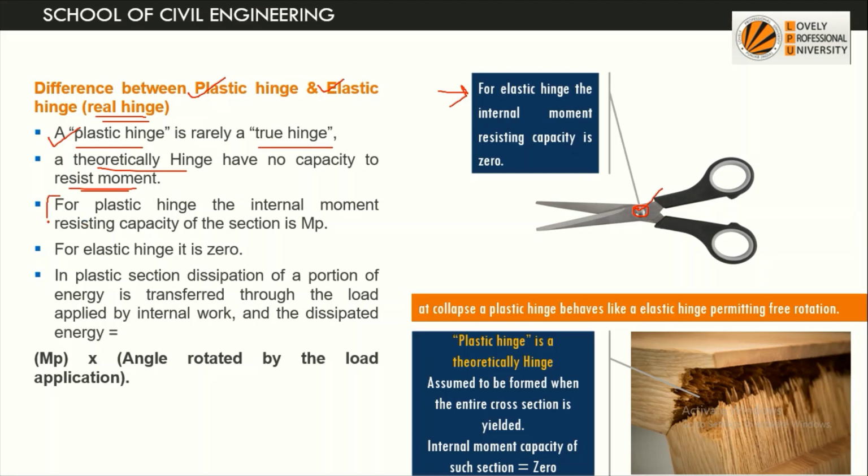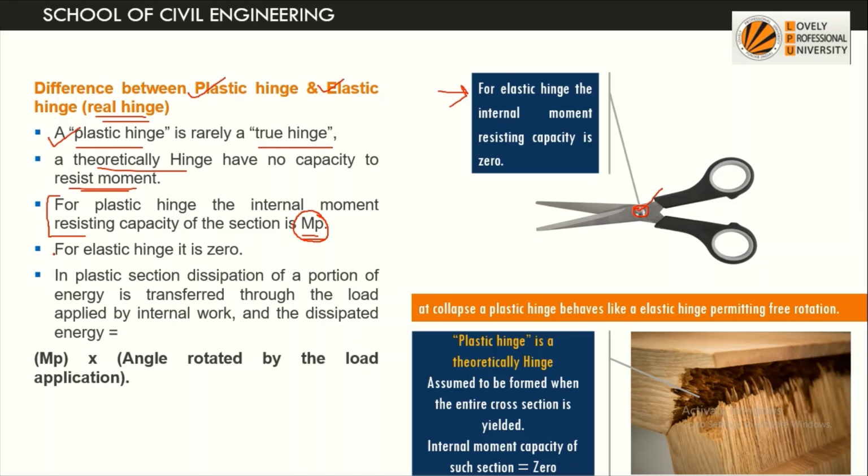For the plastic hinge, the internal moment resisting capacity of the section is Mp. This is very important. For the formation of plastic hinge, this much moment equal to Mp has already been resisted by the section. Then only it has become a plastic hinge. Now it is having no capacity to resist further moment.